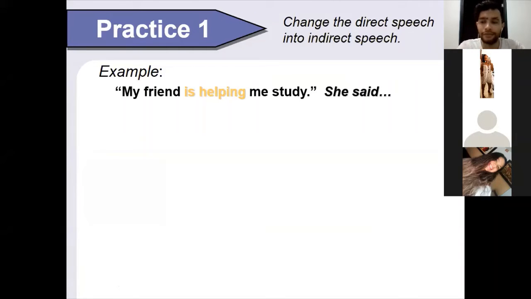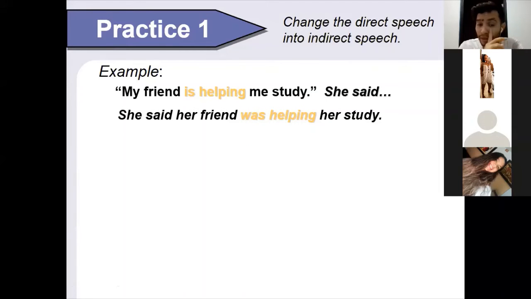She said that her friend was helping her study.